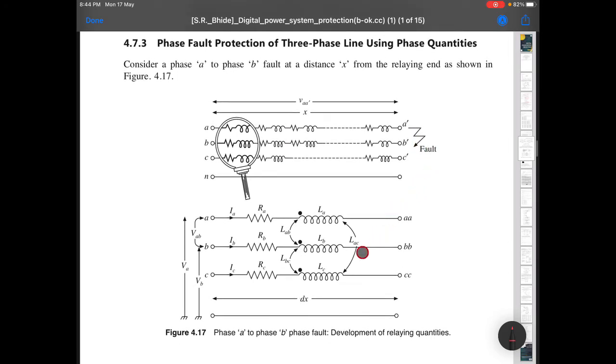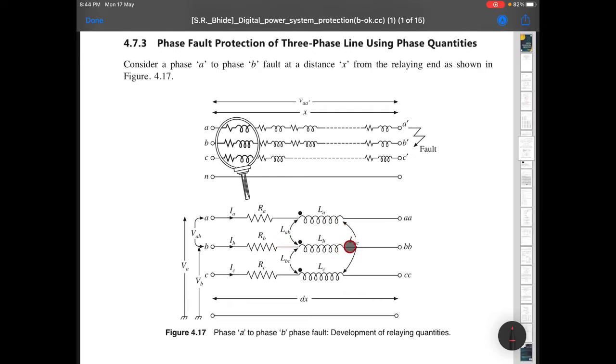These diagrams we have already seen in our previous topics. This is the same diagram, but here we have lumped parameters, so resistance and inductance are assumed to be lumped, and we have denoted different self and mutual inductances.